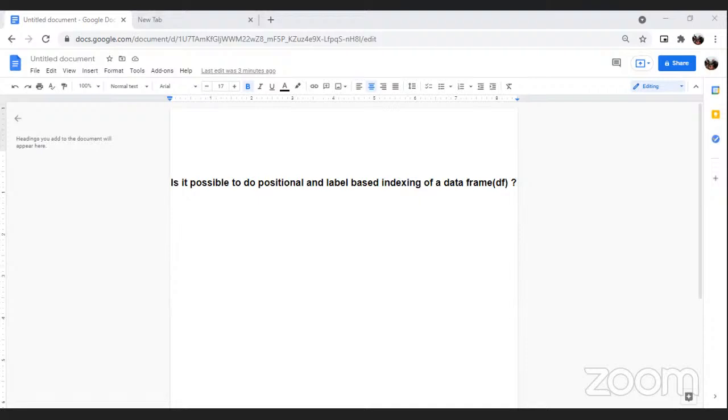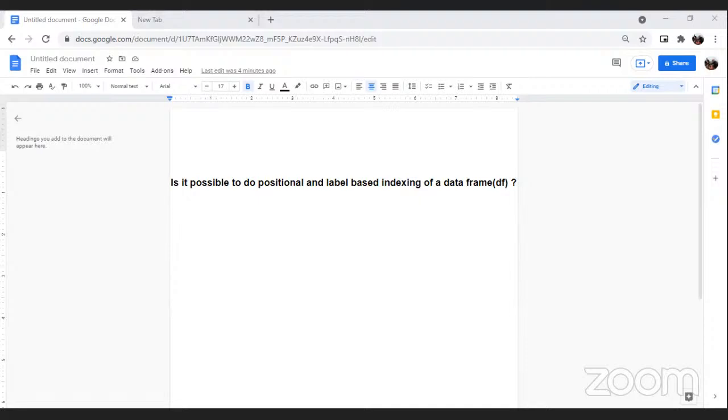All right, let me know if you have heard about dot iloc and dot loc in Python. Yes, it is possible. By using the dot loc and dot iloc functions, we can do positional based and label based indexing.